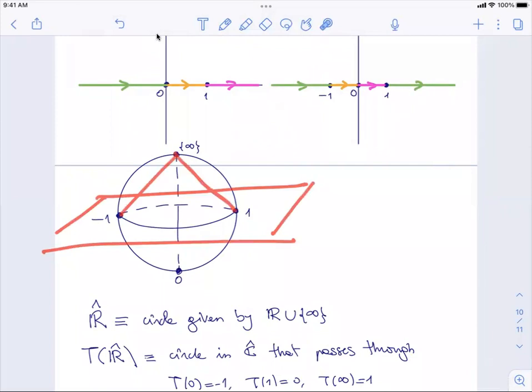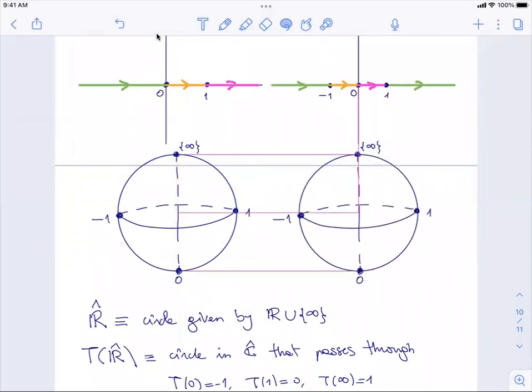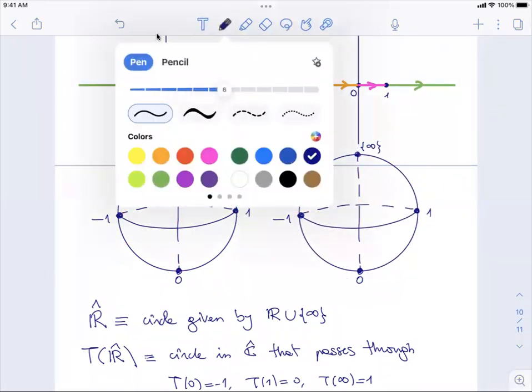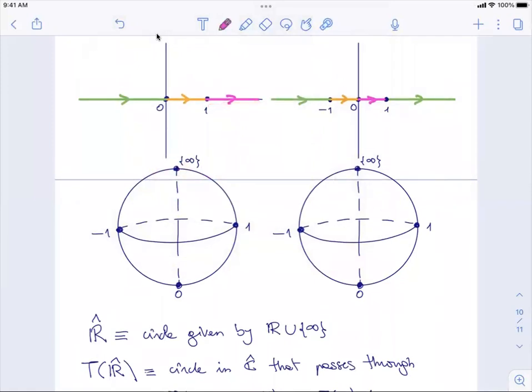So we map using the stereographic projection. Let's make a copy here. So let's start with the part that goes here from 1 to infinity. 1 to infinity means that we are going in this direction. Okay, and that gets mapped from 0 to 1. So that gets mapped here.